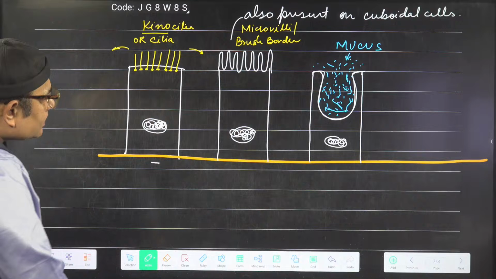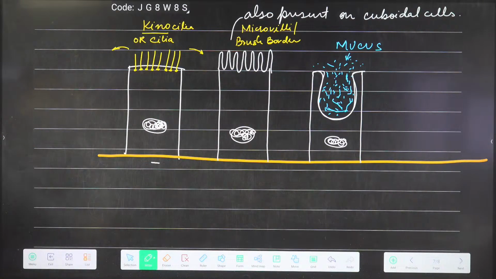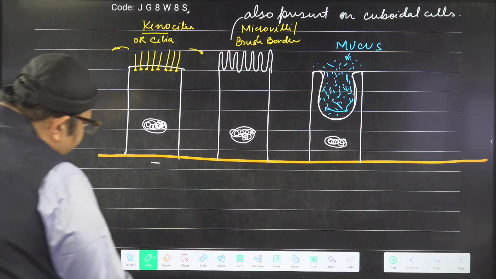The spelling of mucus is both M-U-C-U-S and M-U-C-O-U-S. When you are using it as an adjective, you write O-U-S, but when you are using it as a noun, M-U-C-U-S. Here we are using it as a noun, therefore the spelling I wrote is M-U-C-U-S. So this is the columnar cell, and at the bottom, this is the basement membrane.